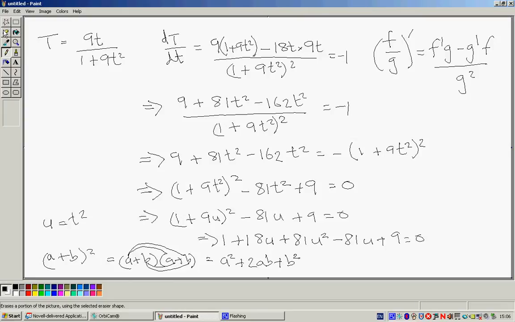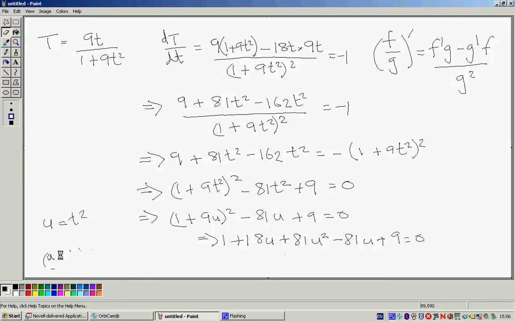I'll just clear some of the screen. So if we continue here, we have 81u squared. 18u minus 81u is minus 63u.